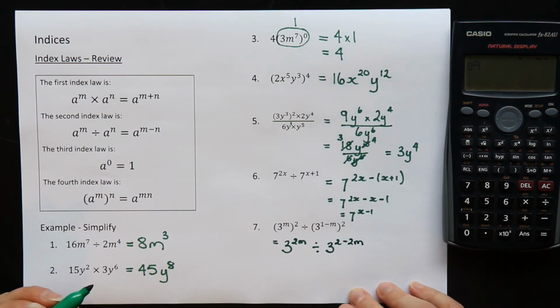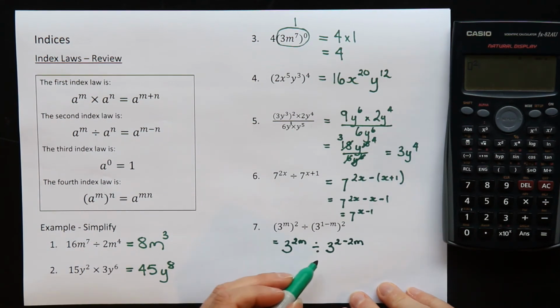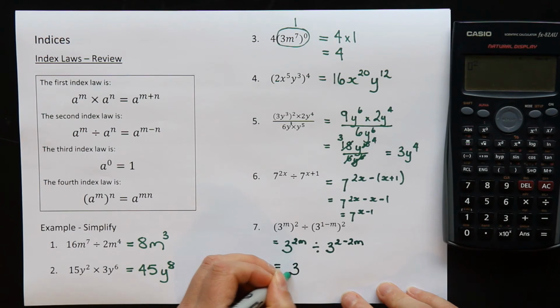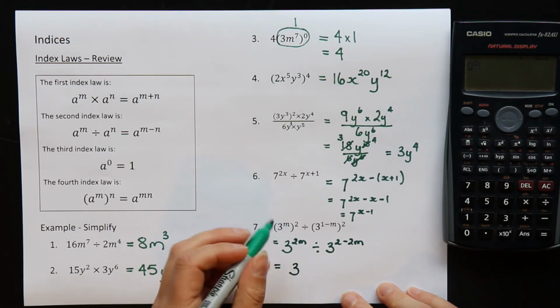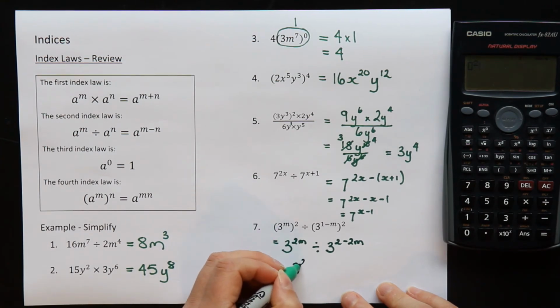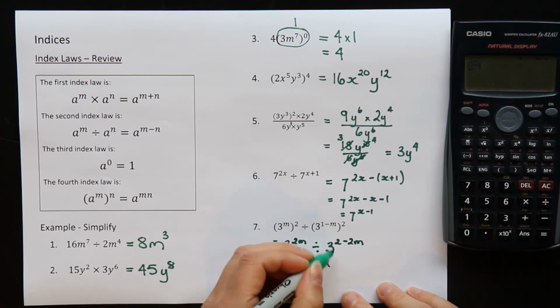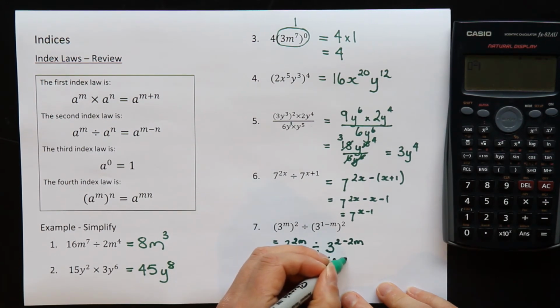Okay, now that I've expanded the brackets, I can do the division. So if I'm dividing, the 3 is the base, I want to subtract the powers. So 2m, and then I want to subtract, use the brackets again, 2 minus 2m.